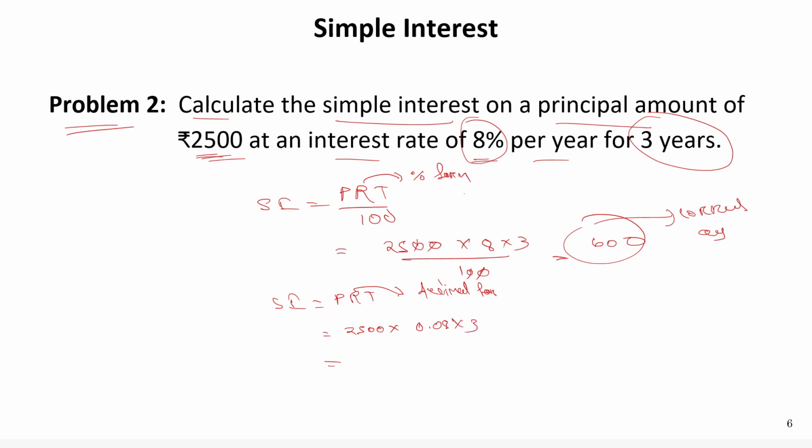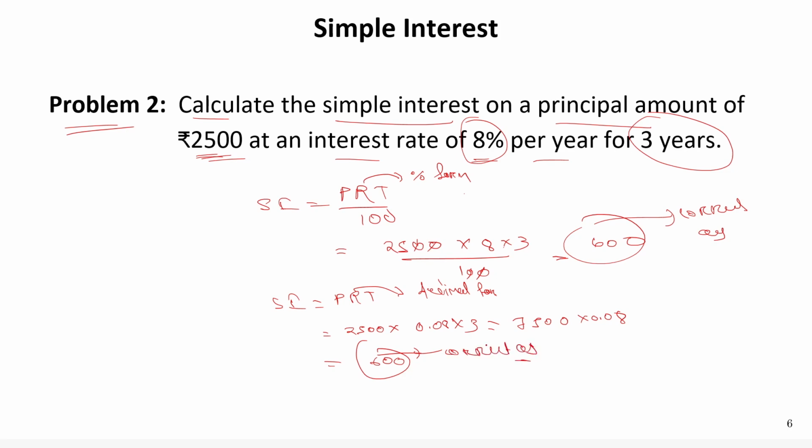So this is also equal to 600. So 7500 into 0.08 is equal to 600. So 600 will be the correct answer.